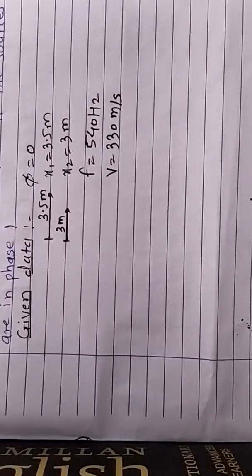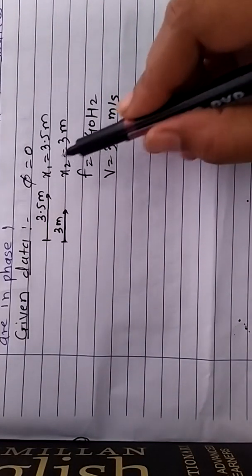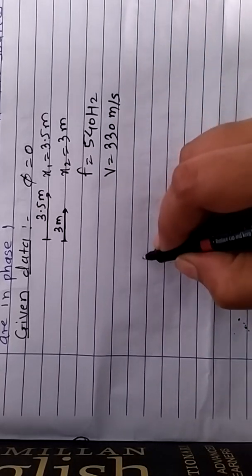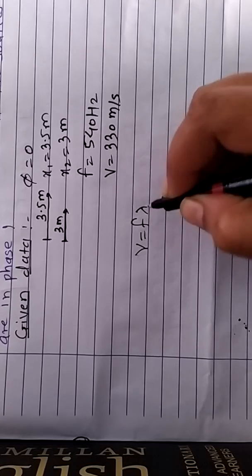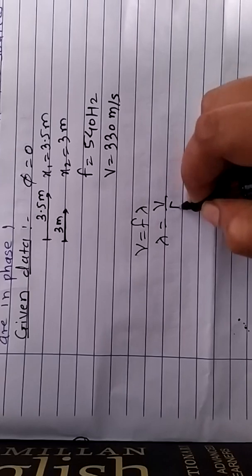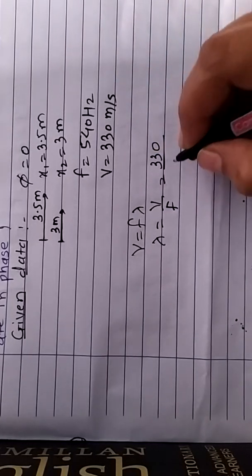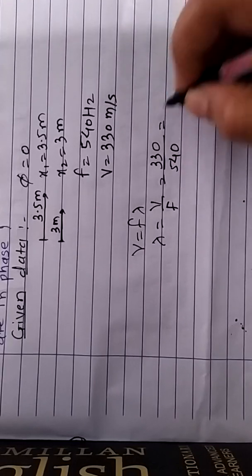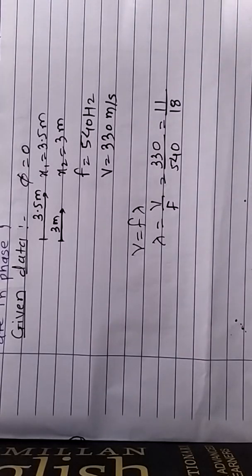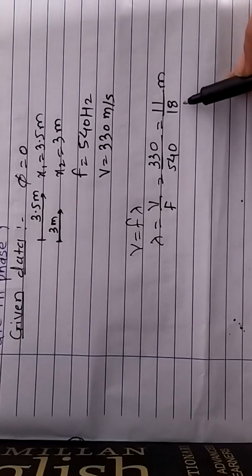Now calculate the value of lambda from f and v. Use the relation v is equal to f into lambda. Therefore, lambda is equal to v upon f. V is 330 upon f, 540. 11 upon 18 meter. Lambda is equal to 11 upon 18 meter.